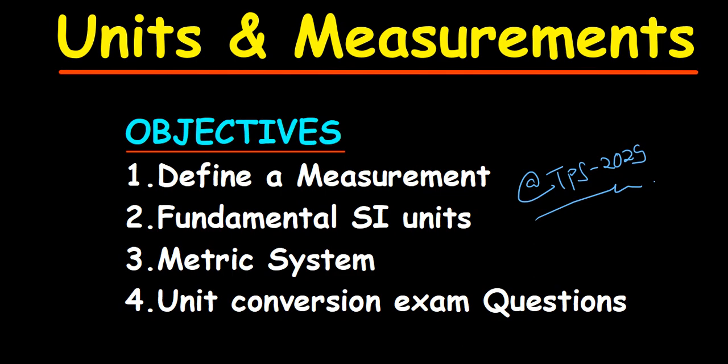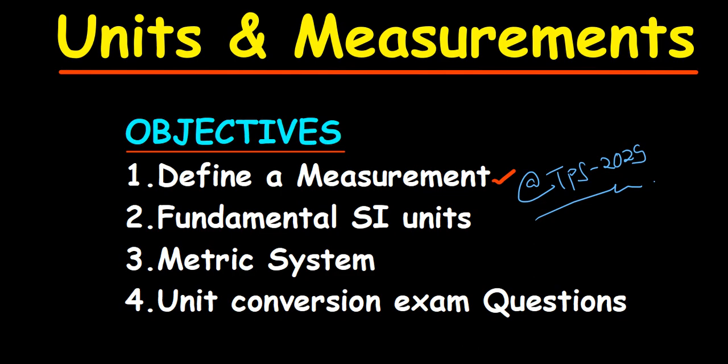Our objectives in this lesson are: one, to define a measurement, and then we are going to look at the fundamental SI units. We have 7 of them. We are also going to learn about the metric system, which is simply a system based on the multiples and submultiples of 10.